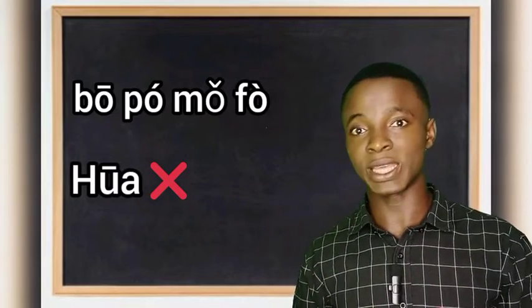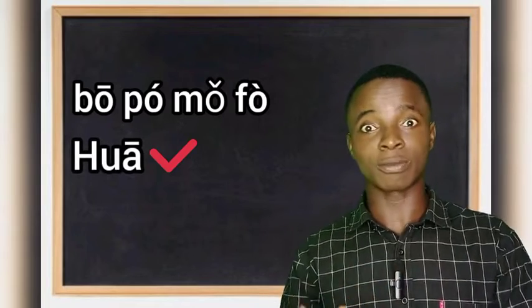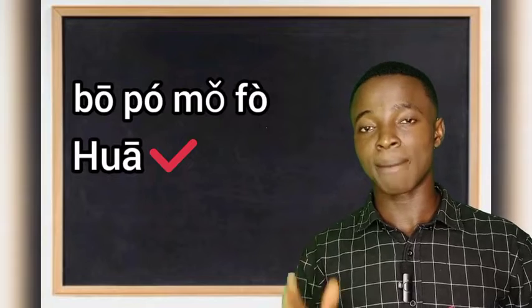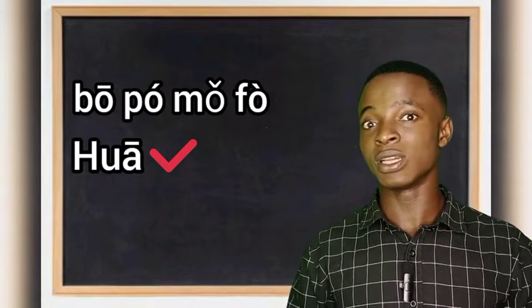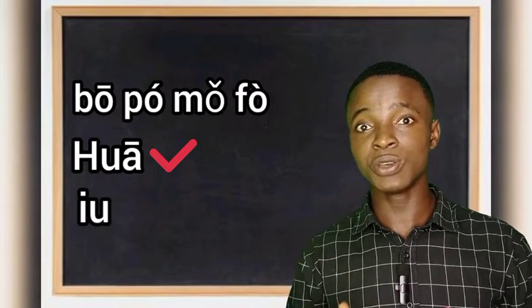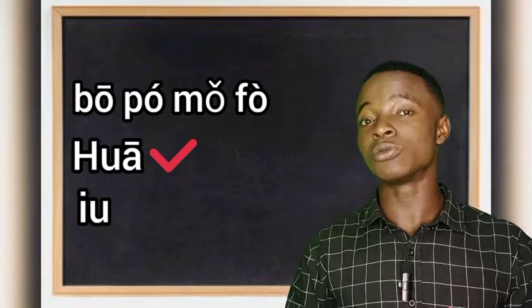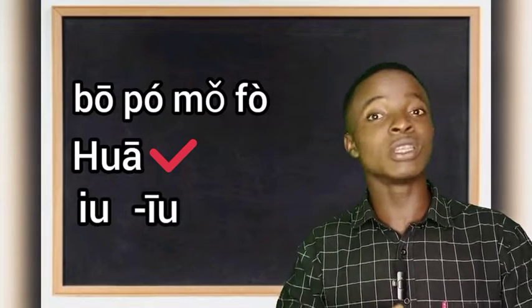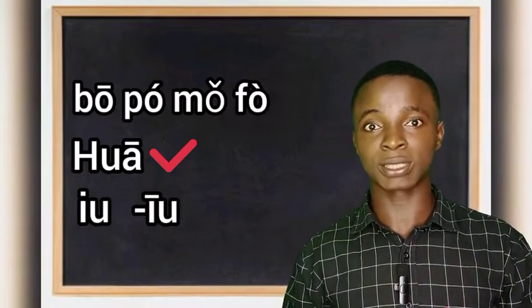Our tone should be on top of a because we need to follow them alphabetically. But there is only one exception. Apart from iu, when marking tones, anytime we get to a syllable that has iu in it, what we should do is mark our tone on top of u. That is the only one exception. Other ones must be followed alphabetically.